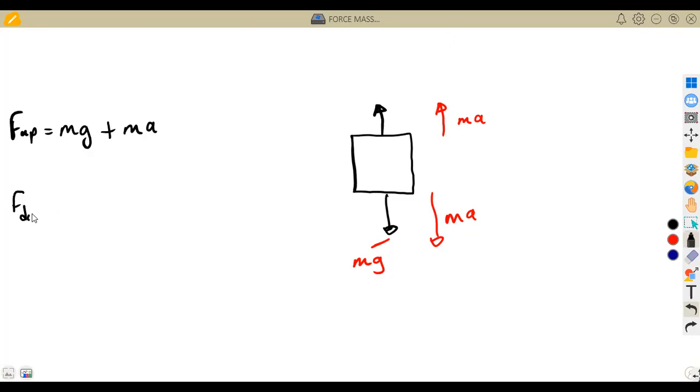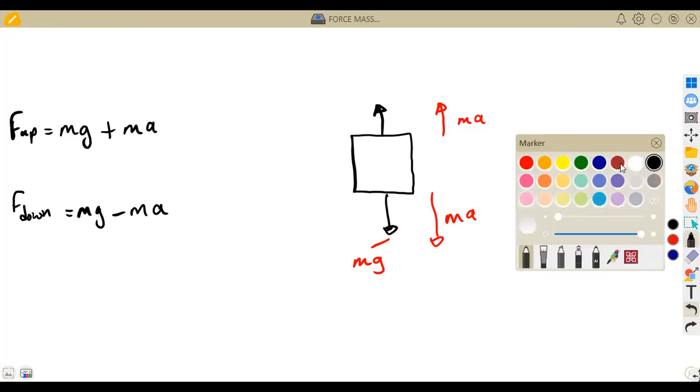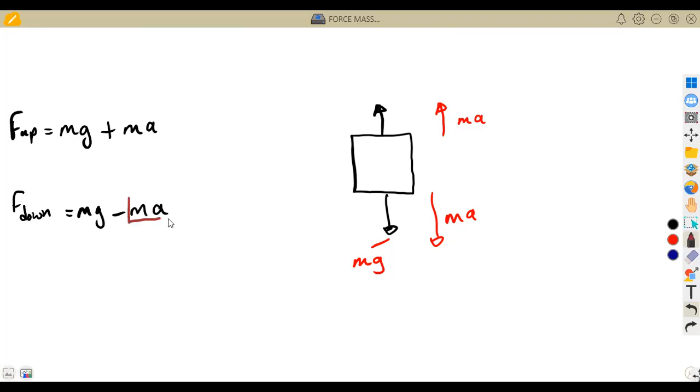Then for F down, we are going to have mg minus ma. The difference is if it's going up, we add. If it's going down, we subtract the ma, the applied force, which is from the accelerating force. So up, we add; down, we subtract.